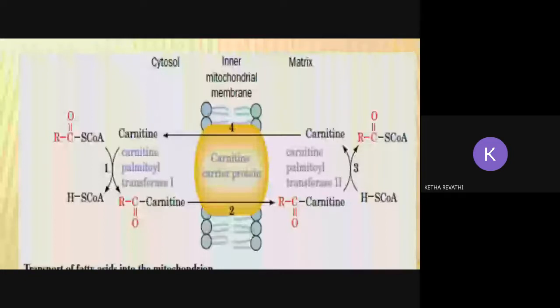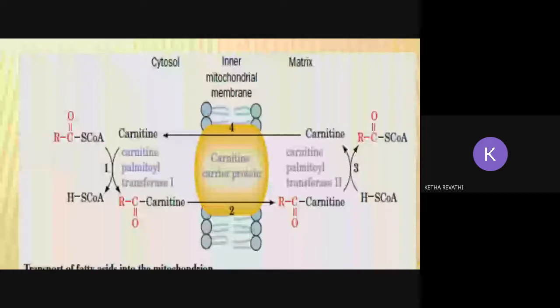If the acyl-CoA has greater than 12 carbon atoms, it requires carnitine protein for its transport. So carnitine combines with the acyl-CoA to form acyl carnitine plus coenzyme A.